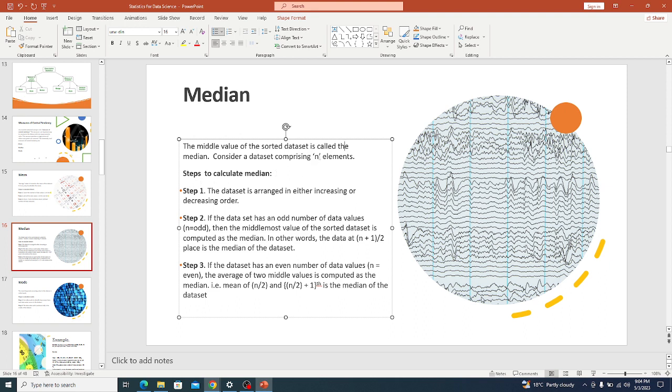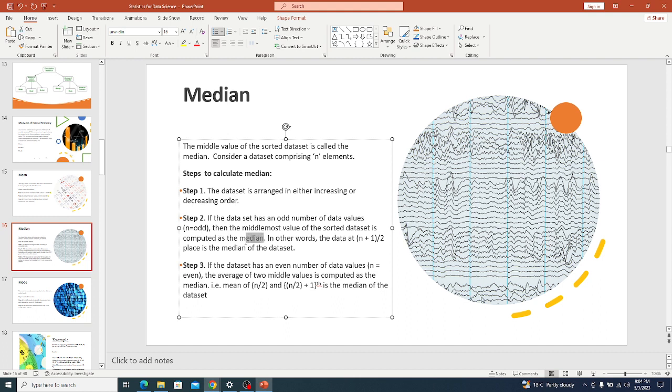Let's assume we have n elements in our data set. Step one is to arrange in either increasing or decreasing order. Then, if the data set has an odd number of data values, that is, n is odd, then the middle-most value of the sorted data set is the median.